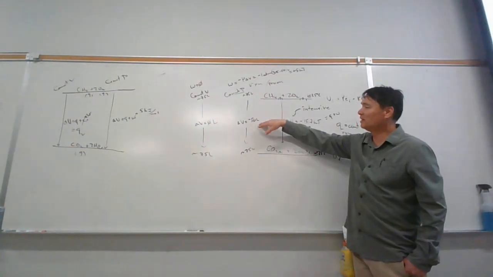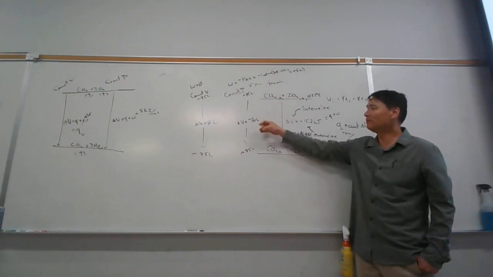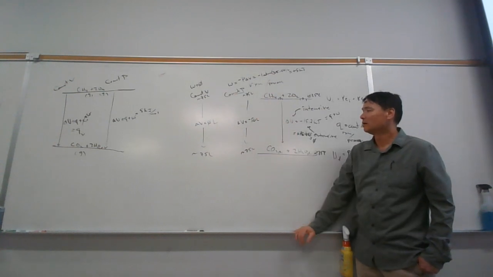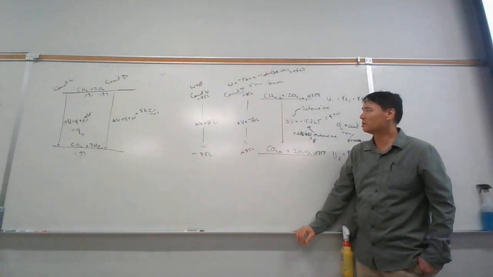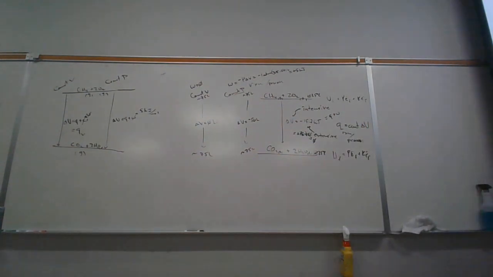When we lose 50 liters of gas, that's going to generate a vacuum, and we run an implosion risk. If we gain 50 liters of gas, we generate high pressures, which creates an explosion risk. So this bomb has to withstand very low pressures and very high pressures, so it doesn't implode or explode.